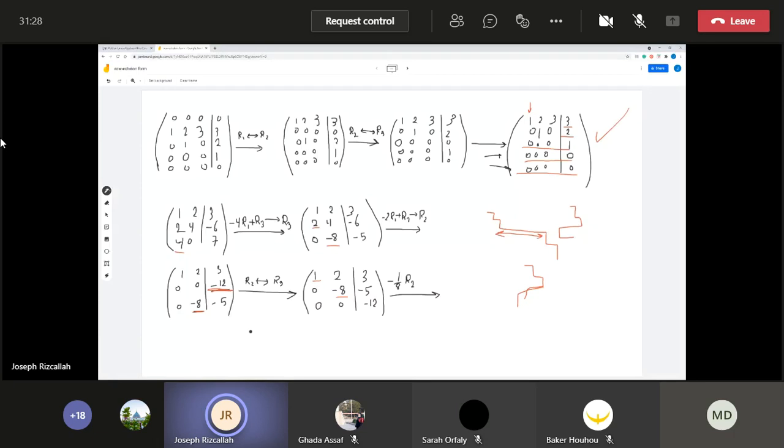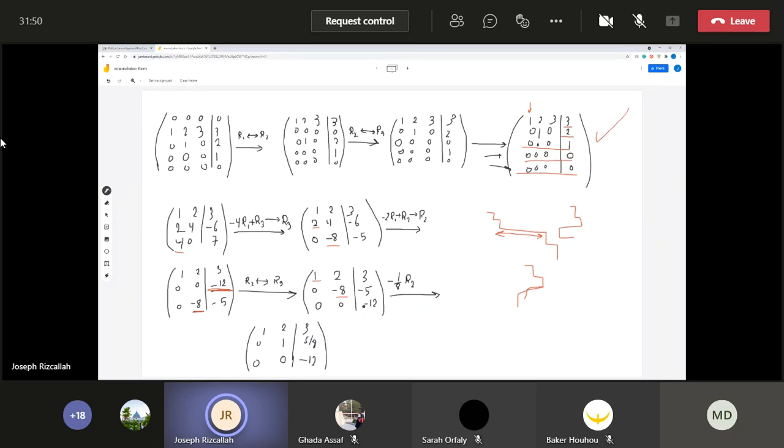And then in that case, we get 1, 2, 3, 0, 1, 5 over 8, and this one now will not change. Now you can go on if you want, but you already see that this system is inconsistent.